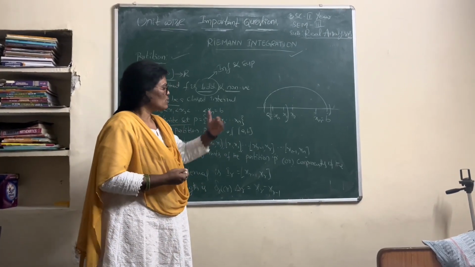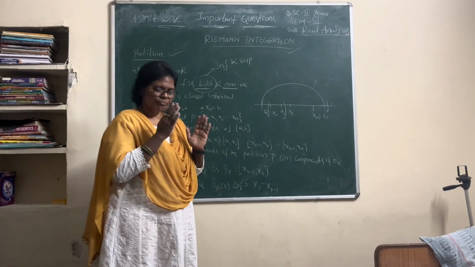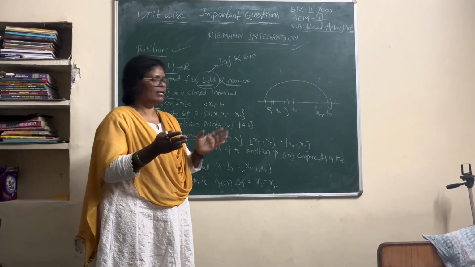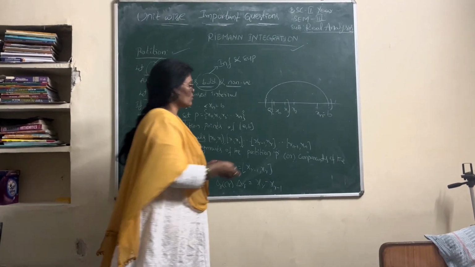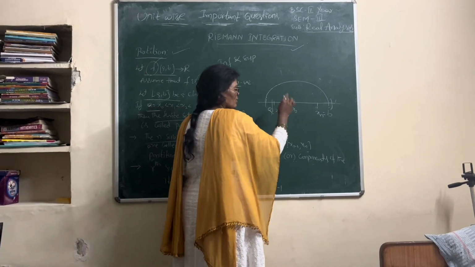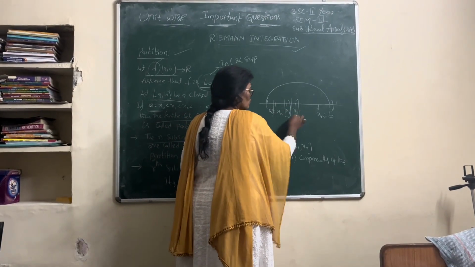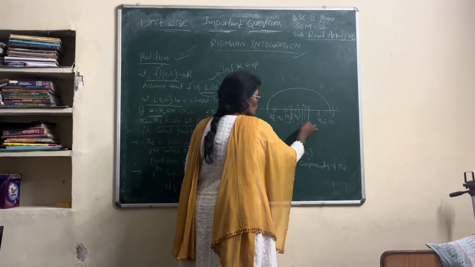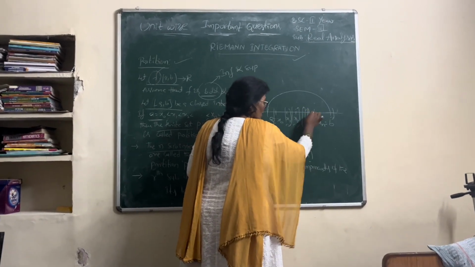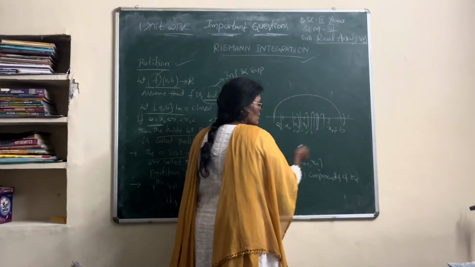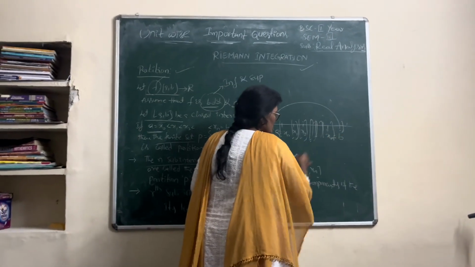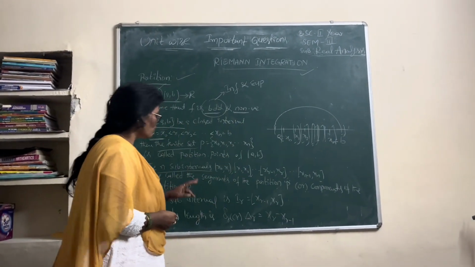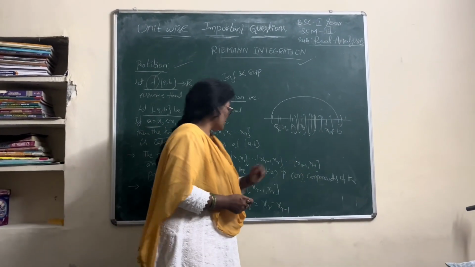From these elements we can divide finite number of intervals: x0 to x1 is one interval, x1 to x2, x2 to x3, x3 to x4, so on, x(r-1) to xr, and x(n-1) to xn. So a finite number of subintervals we can take here.